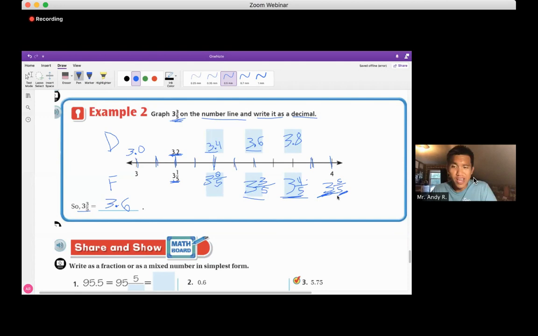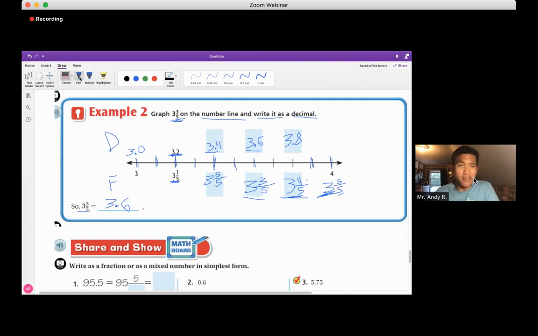So in this fraction, if there were 5 slices of pizza, all 5 are being eaten. So if I am eating all 5 of the 5 slices of this 5-slice pizza, how much am I eating? I'm eating the whole pizza.